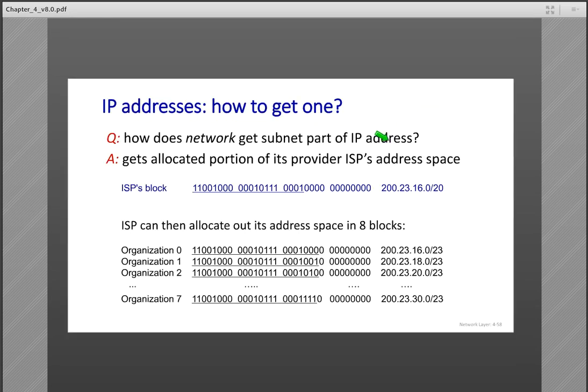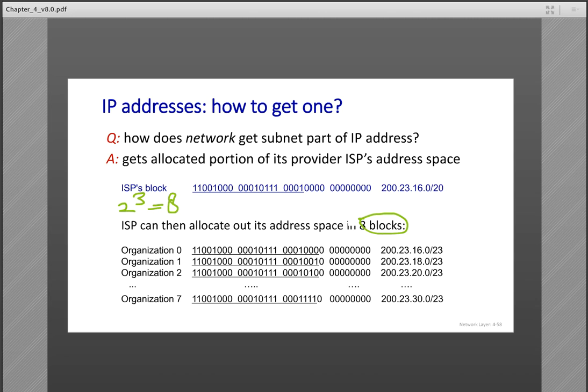For example, here they ask me to divide this block into 8 different parts. I know that 2 to the power of 3 is equal to 8.